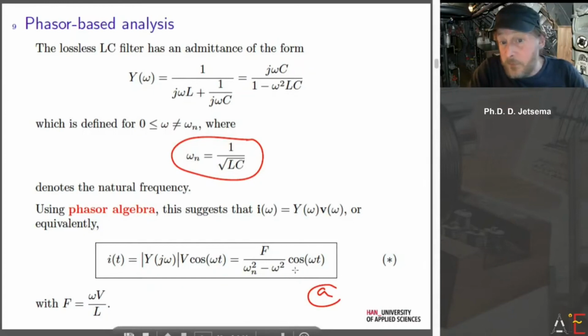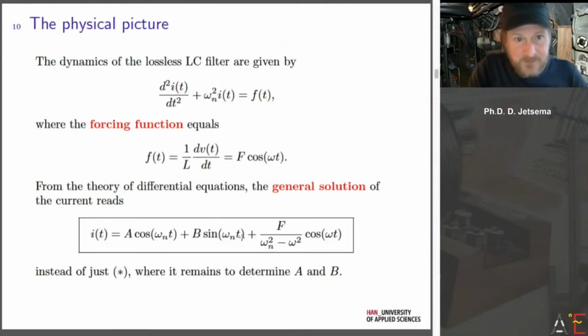Yeah, that's what it suggests. But there is an assumption here which you do not recognize from the equations. So let's go a little bit deeper into it. Let's just go to the physics. We start with the differential equation describing this circuit.